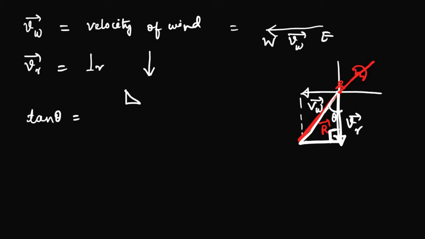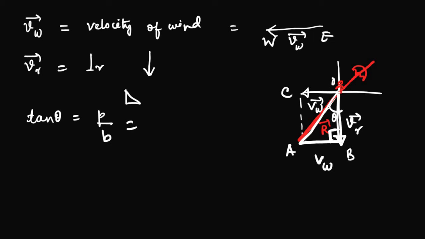If this is VW, then the opposite side will also be VW, right? So that's why we are writing VW as the base.